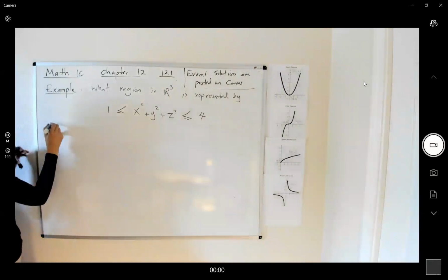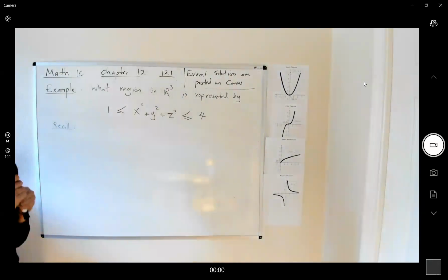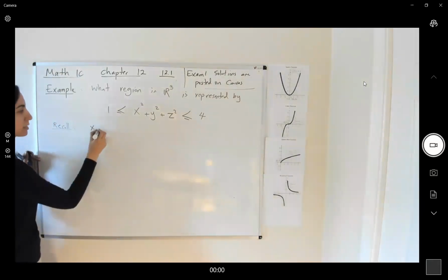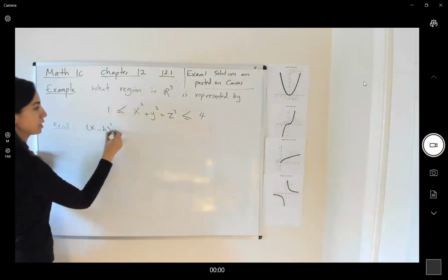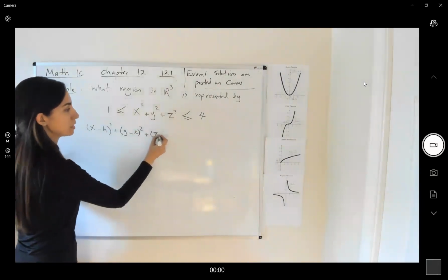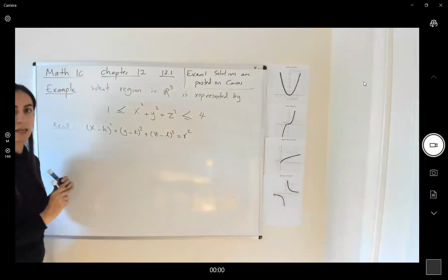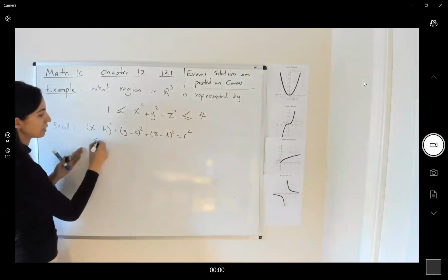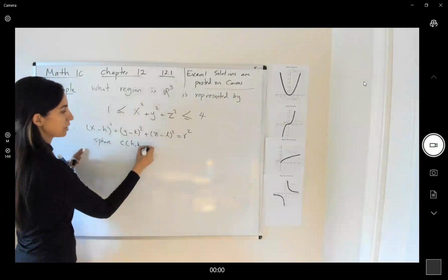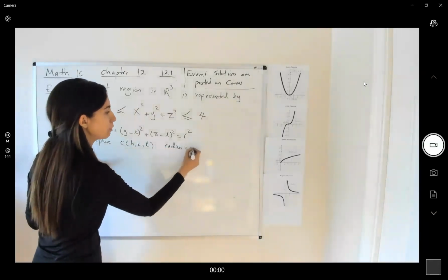First of all, we recall the equation of a sphere. (x − h)² + (y − k)² + (z − l)² = r² is a sphere with center at (h, k, l) and the radius equal to r.